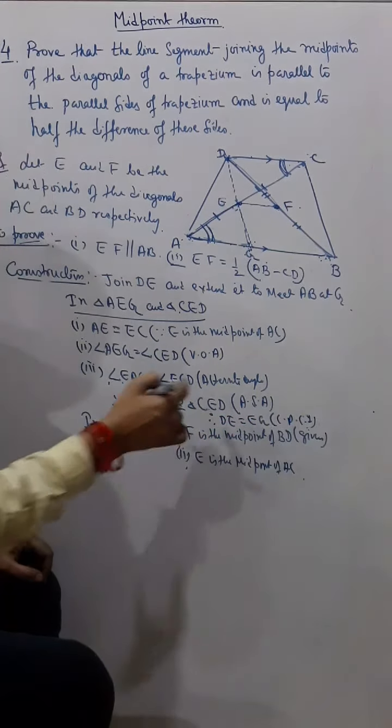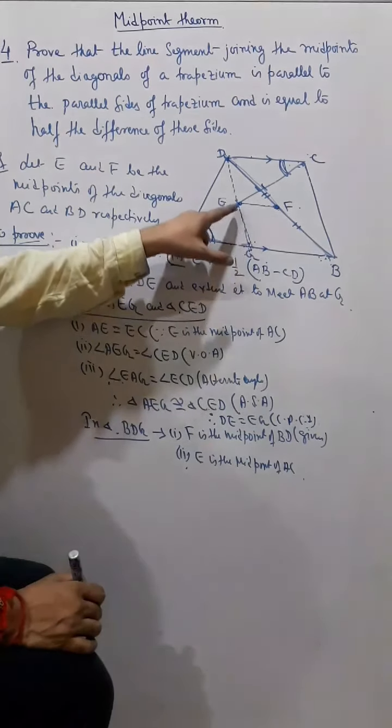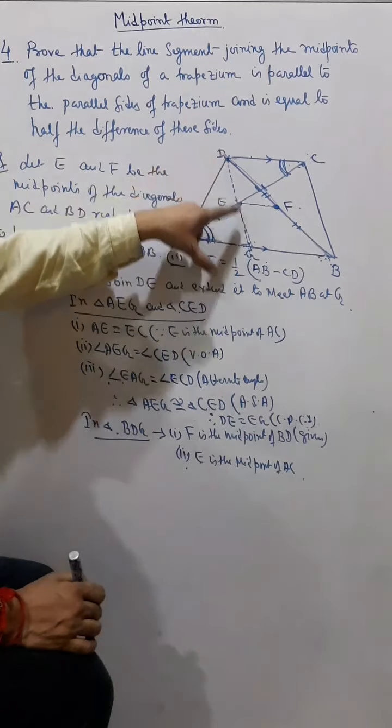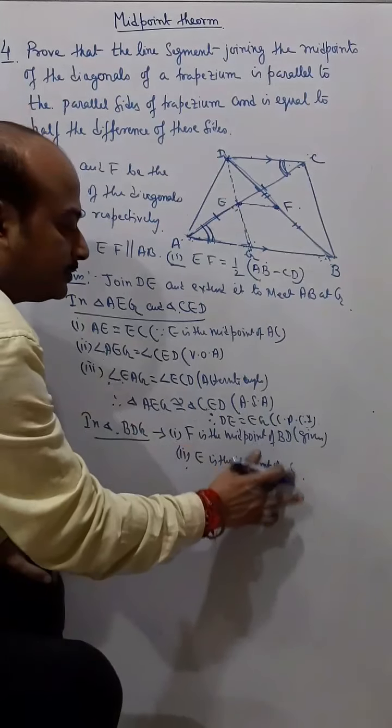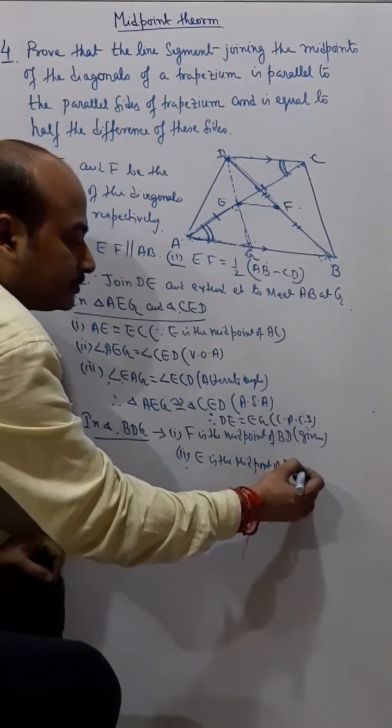Okay, now we will use this. DE equal to EG means E is the midpoint of DG, proved above by CPCT.